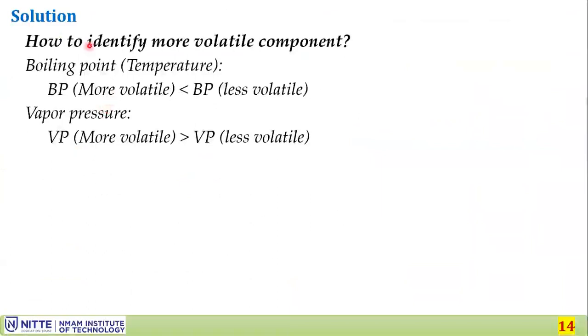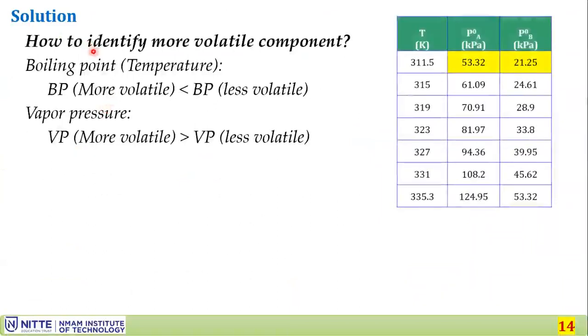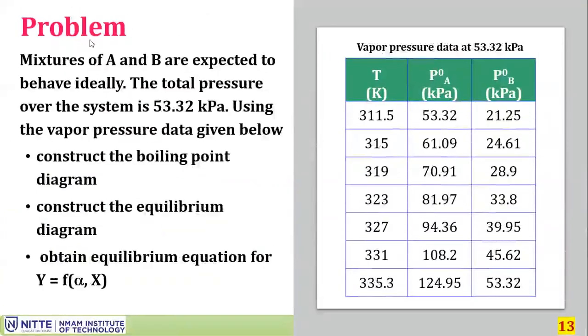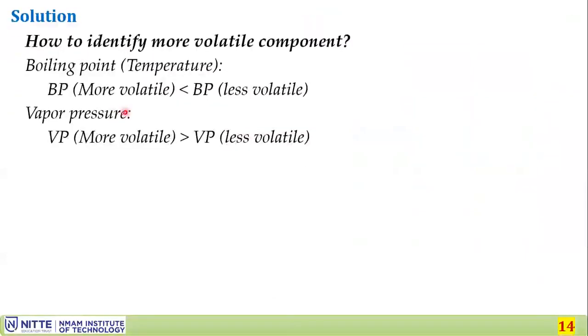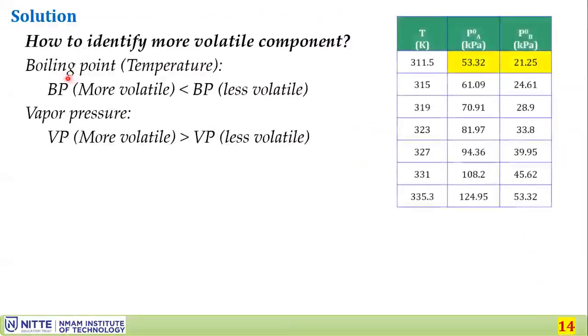Alright, so we come across one important problem here: how to identify the more volatile component. Because if you look at the data, there is no mention of whether A or B is more volatile. Let me go back to the problem. That is not mentioned. So let us try to identify which is more volatile. Based on the boiling point, you can check it out. The boiling point of the more volatile component is less than that of the less volatile component.